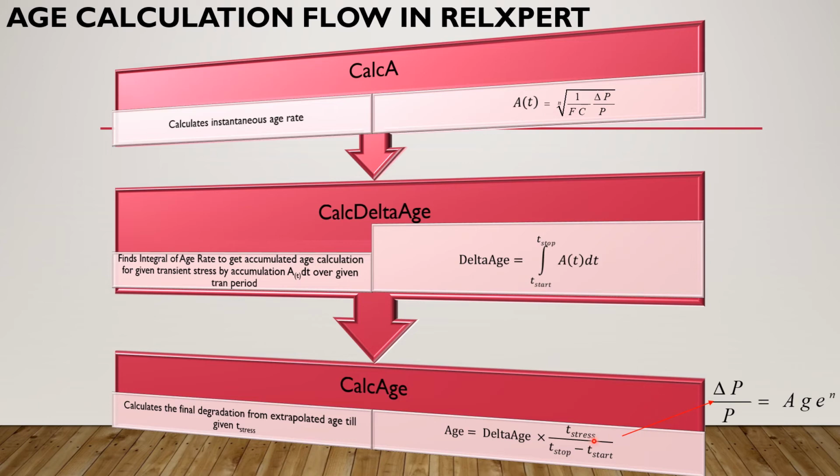Then RelExpert takes care of everything else, and you just take the delta P by P from the .bo0 file and create your end of life netlist, as I explained in the previous tutorial. What is the beginning of life and end of life model?